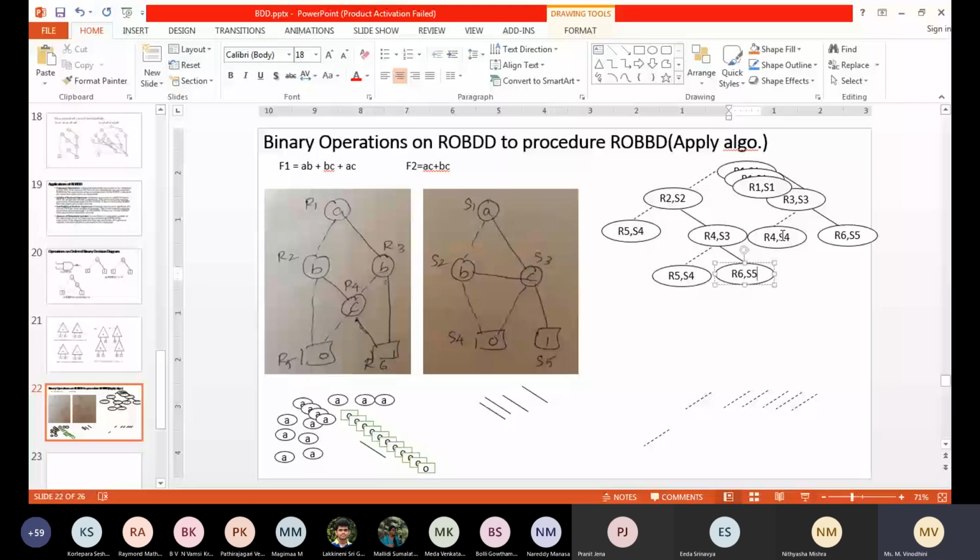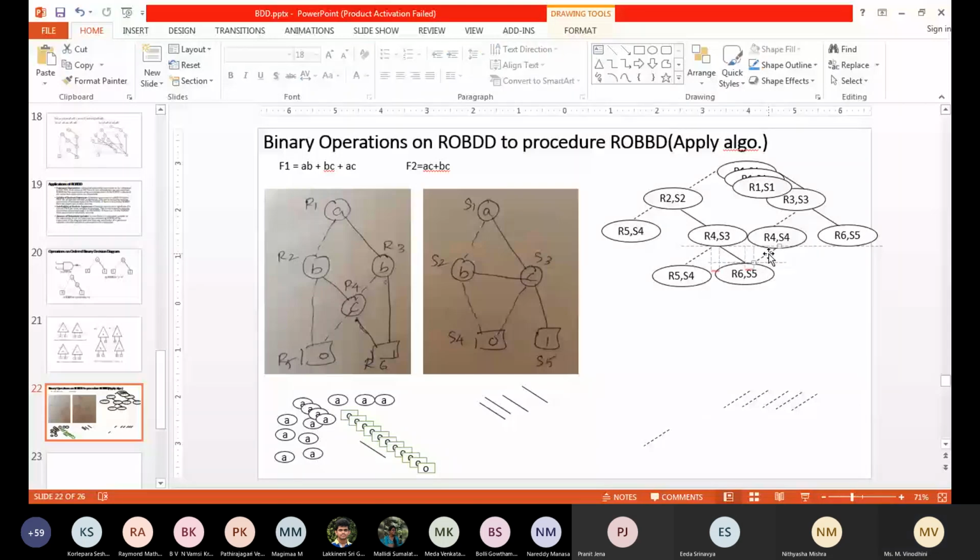Coming to this R4 and S4, is it the lowest node? R4 is intermediate and S4 is lowest. See, both should be leaf nodes, only then you can stop. Here one is intermediate, one is leaf node, so you need to extend this. I'm extending like this. Now you tell me, R4 when it is 0?